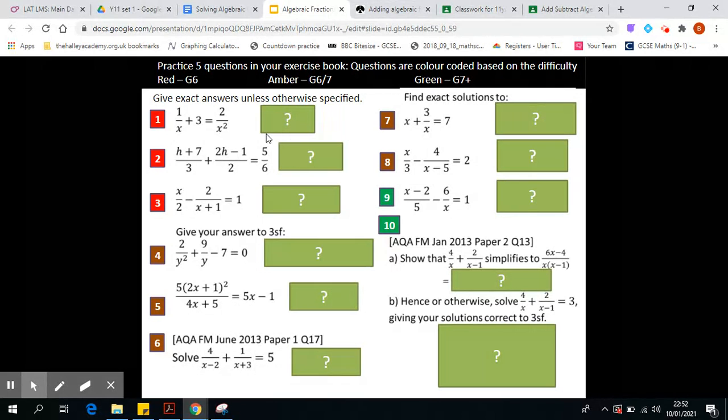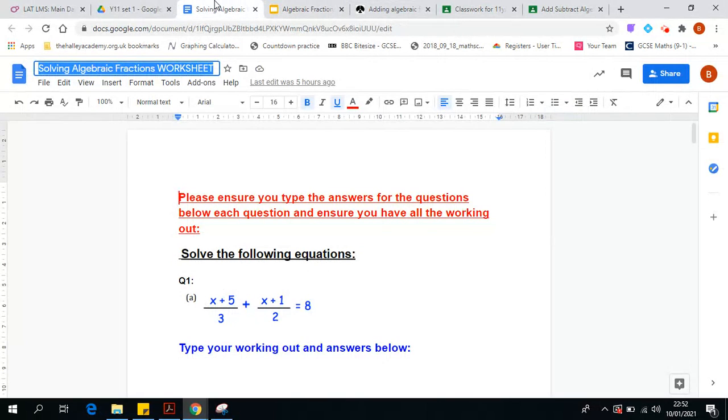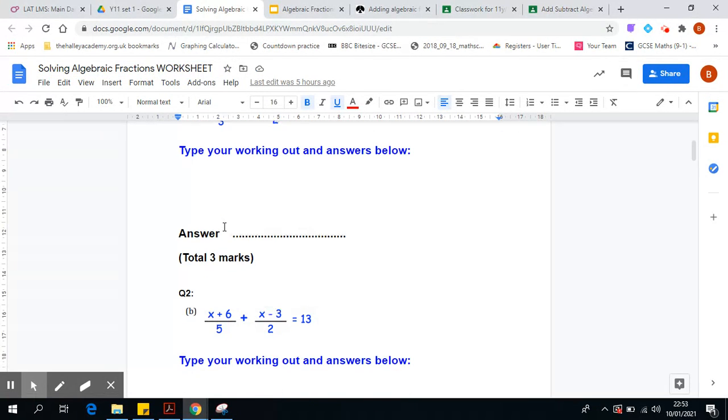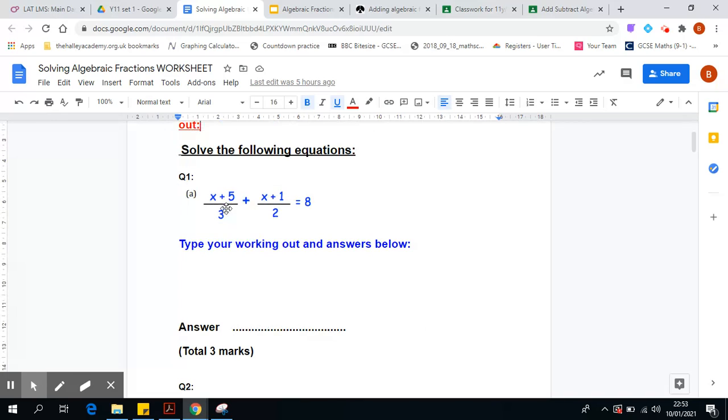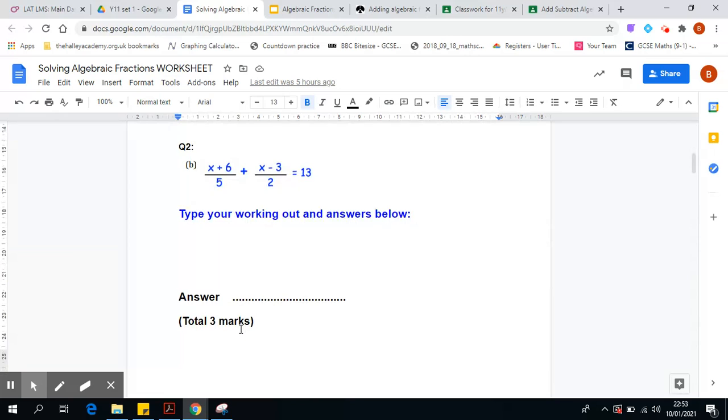Once completed, you need to open the worksheet, the solving algebraic fractions worksheet, and then start answering the questions. It's important you type in the answer below each question. Make sure you show all the working out.